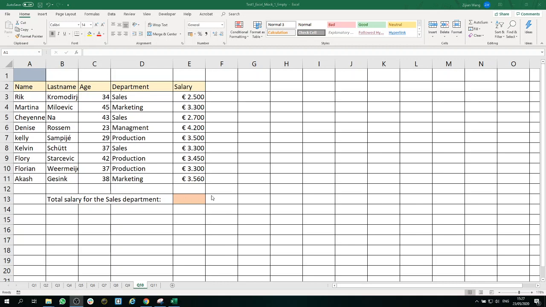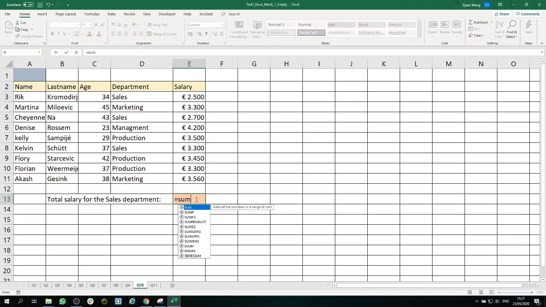Question 10 is quite similar to question 9. We also need to add some numbers together if a certain keyword is hit. In this case, the keyword is sales, and the salary of sales departments should be added together. So again, SUMIF, and now the range is this part where the keyword is from.